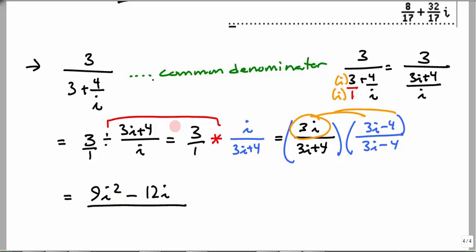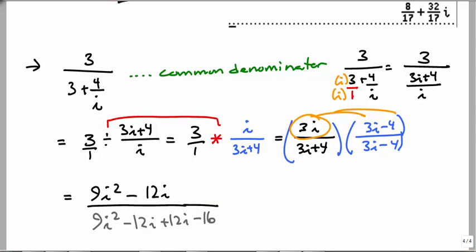And we're back to familiar territory here. Now the denominator, 3i times 3i is 9i squared, and do not be tempted to cancel these. They're not factors, they're only terms. And then my outside is a negative 12i, my inside is a positive 12i, and my lasts would be a minus 16.